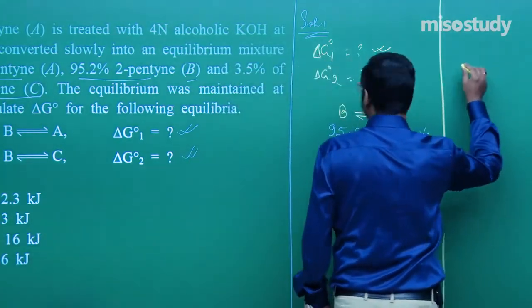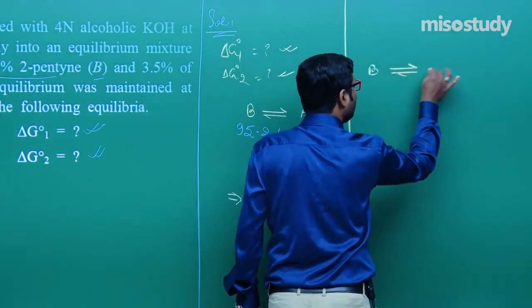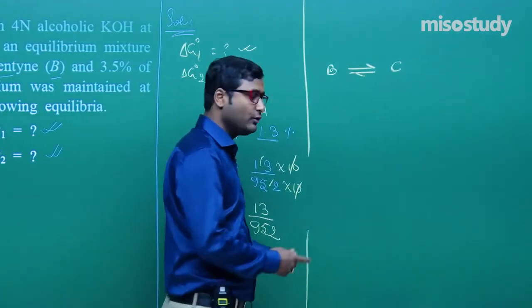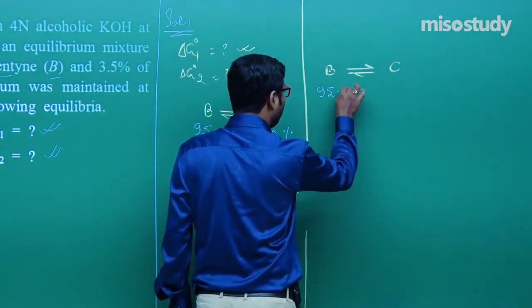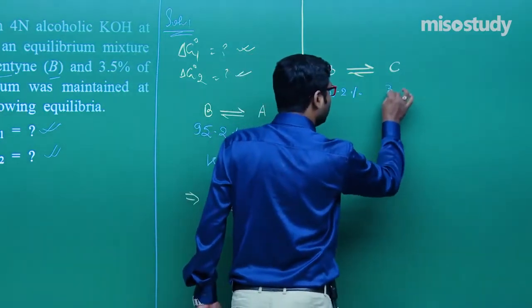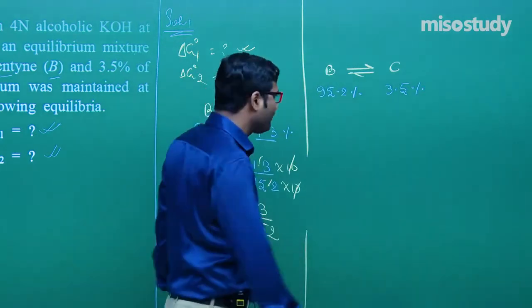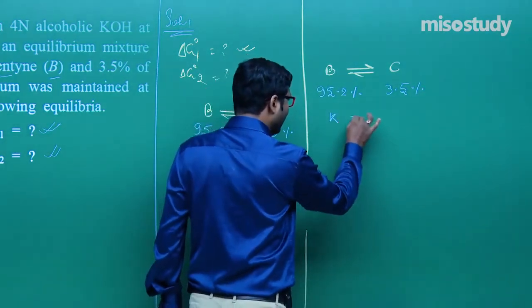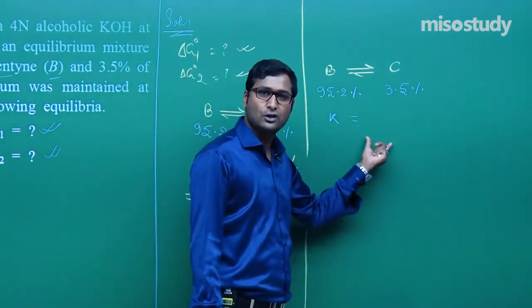Now for the second case, what is the second case? That is from B we move towards C. Clear to you? In this case B is 95.2% and C is 3.5% according to the question. As we know, K, the equilibrium constant, is equal to concentration of product upon concentration of reactant.